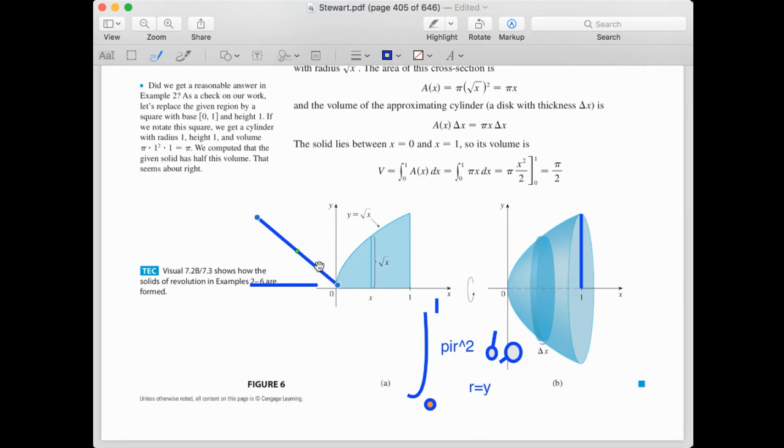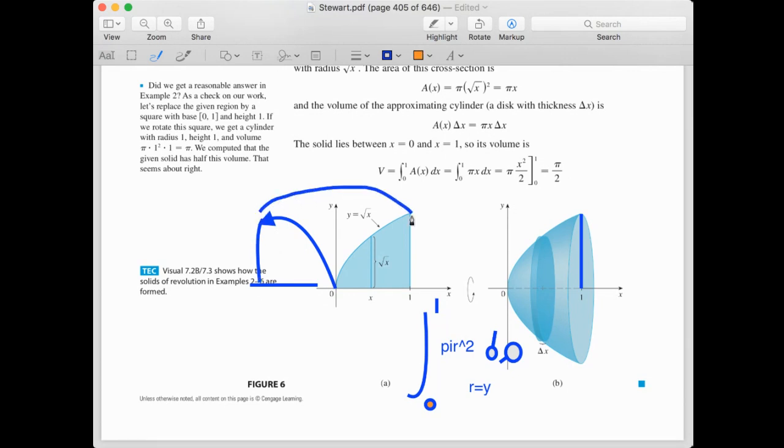This is supposed to be exactly symmetric with this piece. Just think about this piece exactly the same as this piece, just a reflection over the y-axis. I have this 3D object.